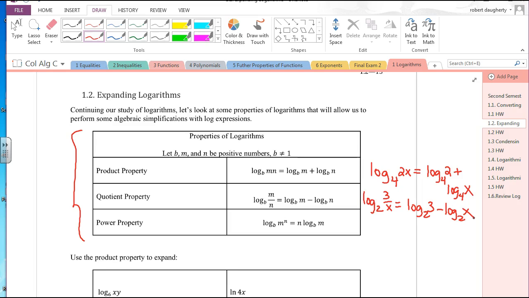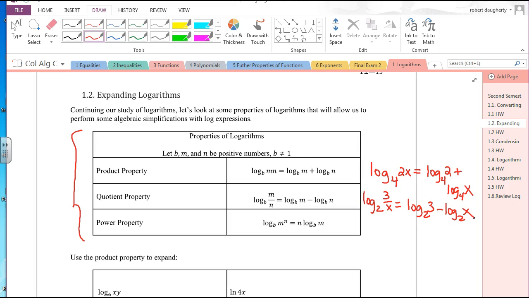Okay, so, power property. The power property: the log base b of m to the nth power is n times the log base b of m. You basically bring the exponent out front. Now, how do we get that one? For example, what if you had the log base b of x squared? That's the same as the log base b of x times x, right?